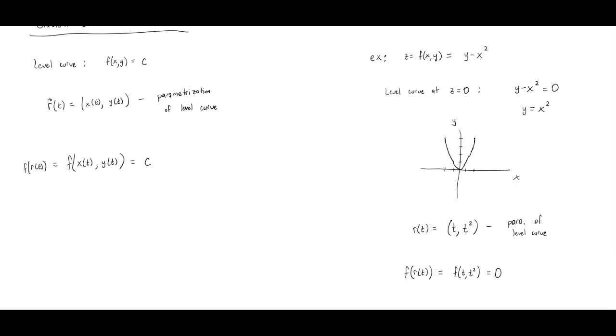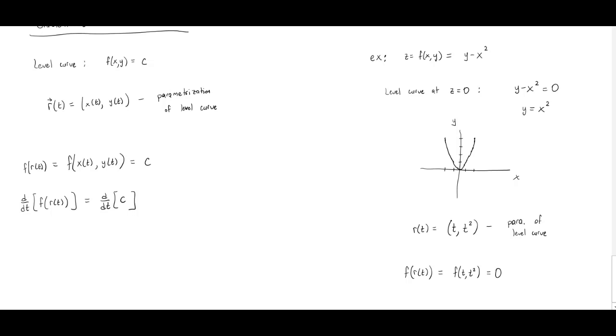So looking at this equation, what's going to happen is I take the derivative of both sides of my equation. Over here, this was our special case of the chain rule that we talked about before.